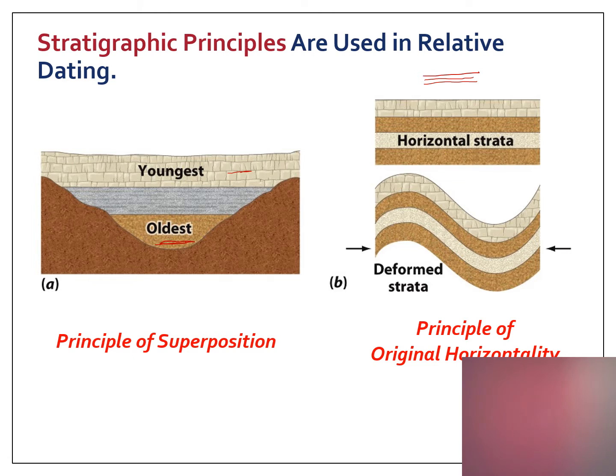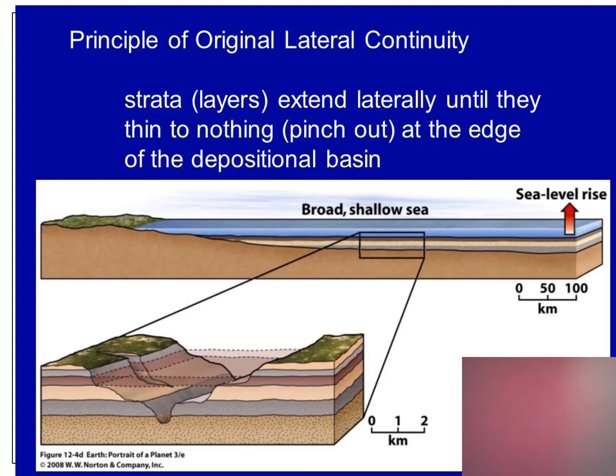So how do we use this? We know if we see rocks that are folded or faulted in the field, that whatever happened to those rocks happened after they were originally deposited. Then the principle of lateral continuity says that rock layers will extend laterally until they thin out to nothing.